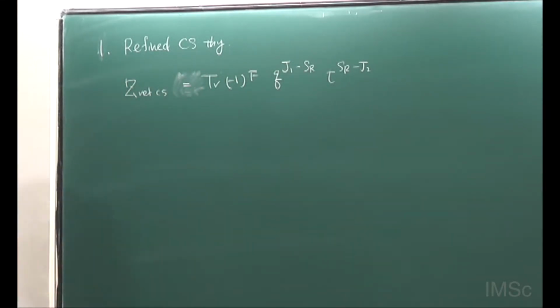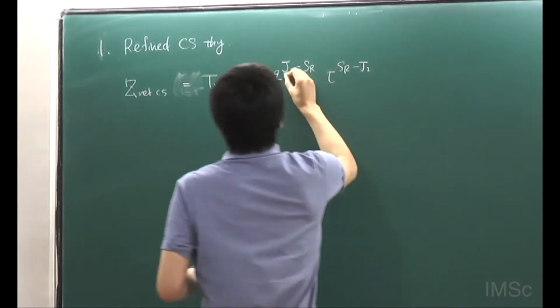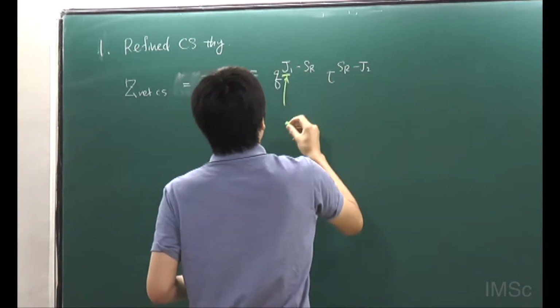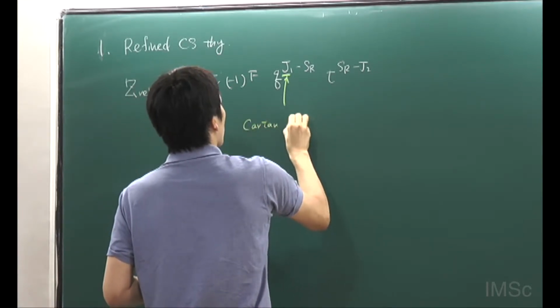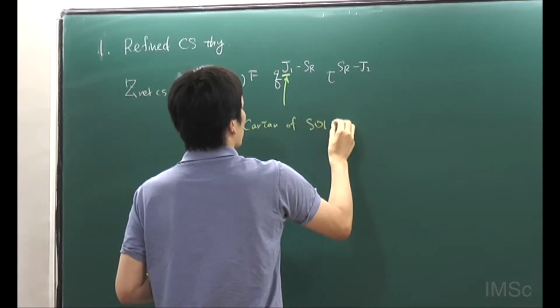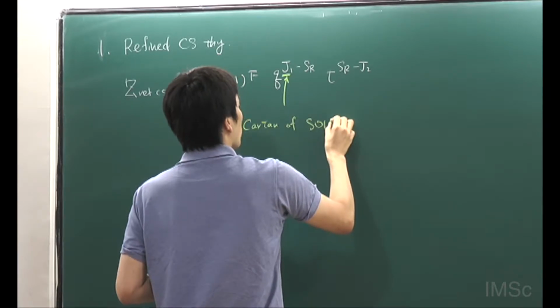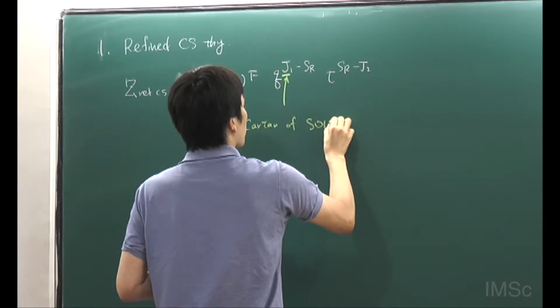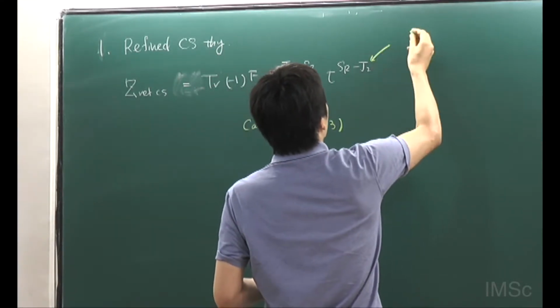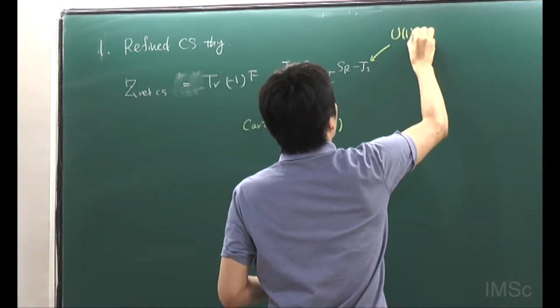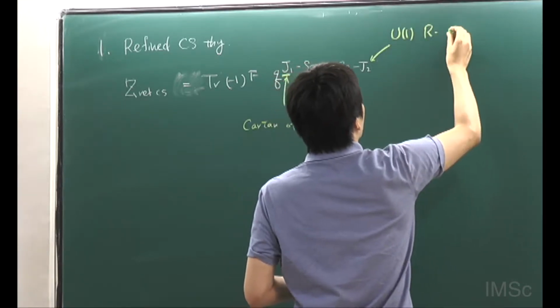Where J1 is a Cartan, the spin of SO(3), since I'm working in Euclidean signature. And J2 is the U(1) R symmetry.